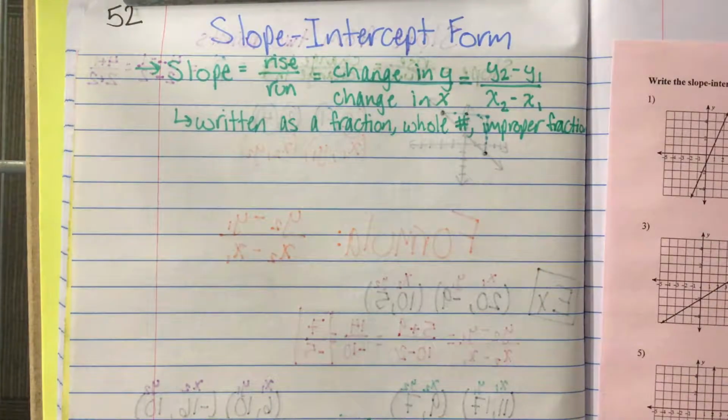We always write slope as a fraction, an improper fraction, or a whole number. That does not change now. And we still have to simplify it.